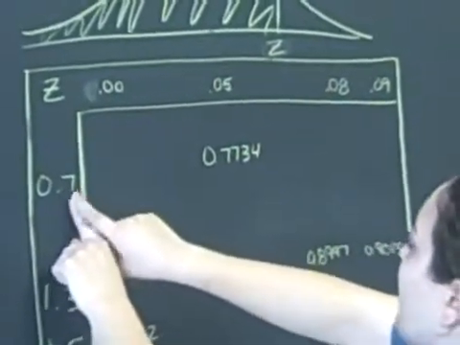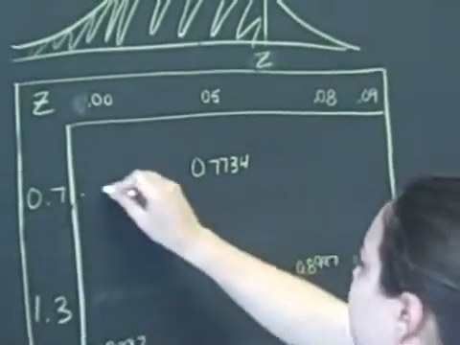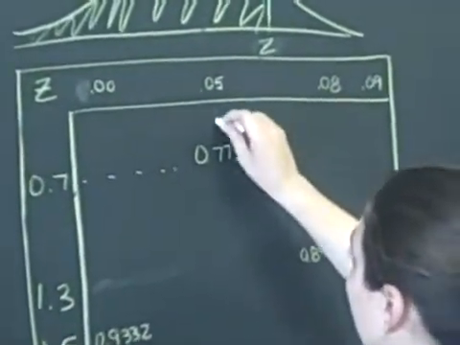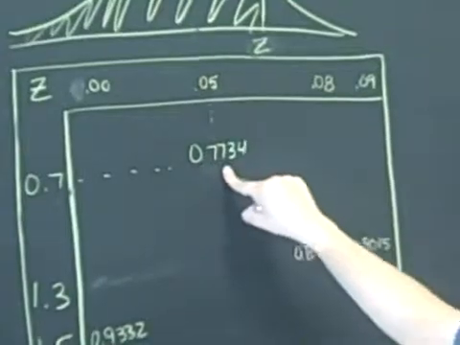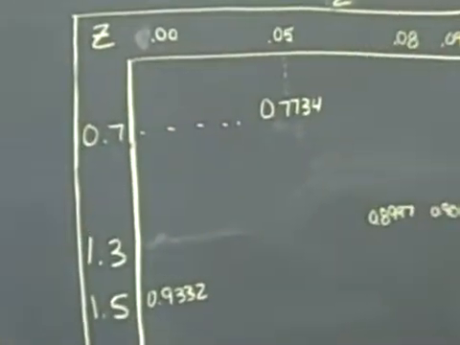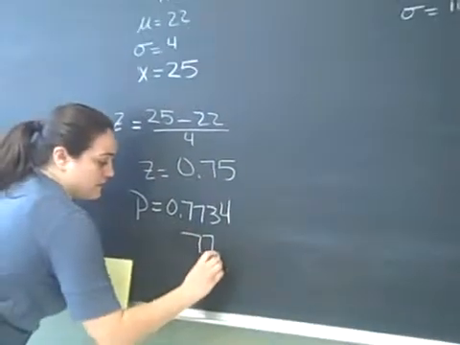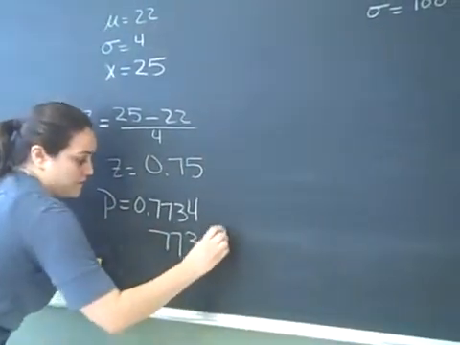So if we go follow here and cross it with the 5, we get our p-value. It was 0.7734. In other words, Joe scored better than 77.34% of people.